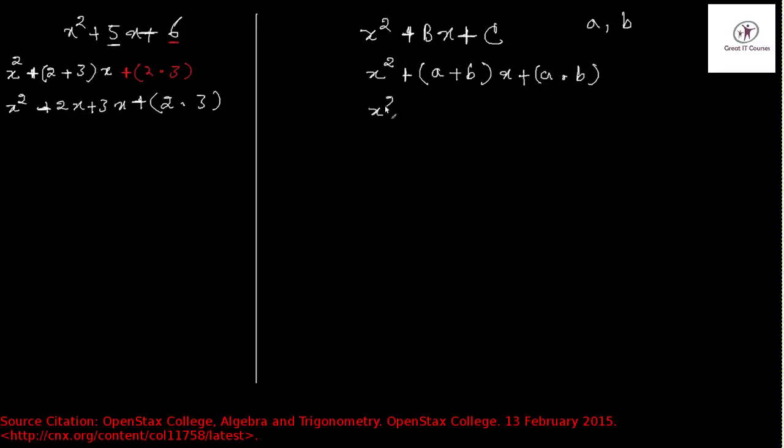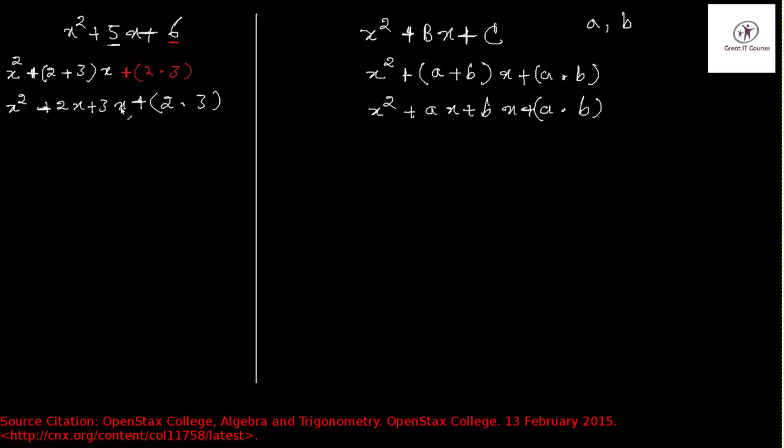I can write this as x squared plus ax plus bx plus a into b. And then I tried grouping two terms. I grouped these two terms together because I thought I could find the greatest common factor of x between these two.